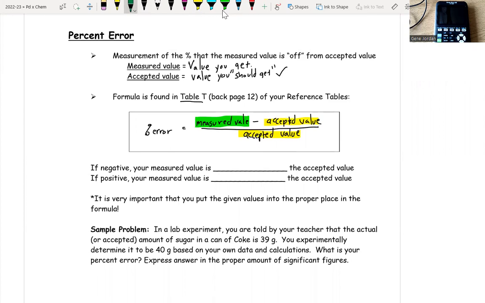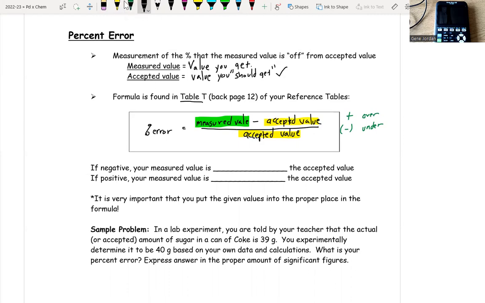It means you overestimated. So positive numbers mean you overestimated. And if you subtract a larger number from a smaller number, you get a negative value, and that negative means you underestimated from the true value.